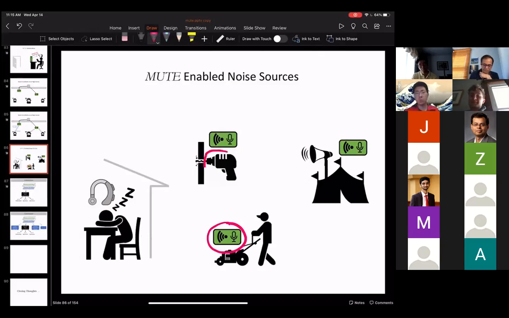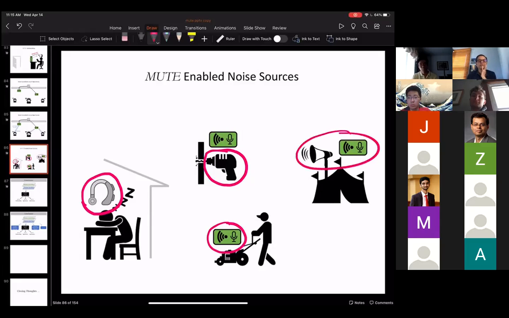If the drill has a relay, it can take its own sound and relay it. And if you have an earphone that's receiving these sounds from the sound sources, that's a huge look ahead, right? Because you know what that sound is immediately. So definitely you can do these things.